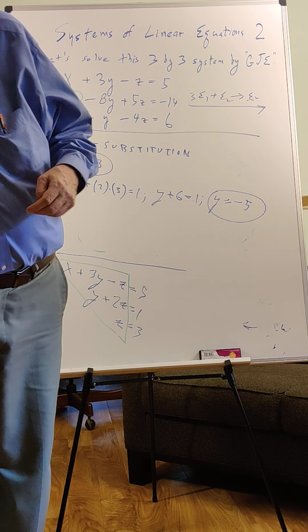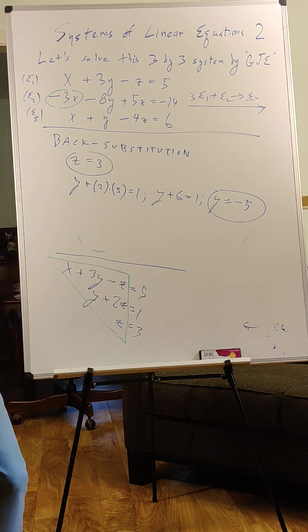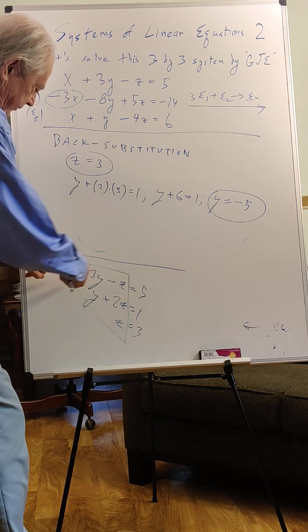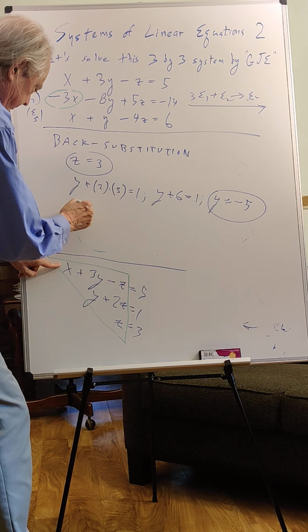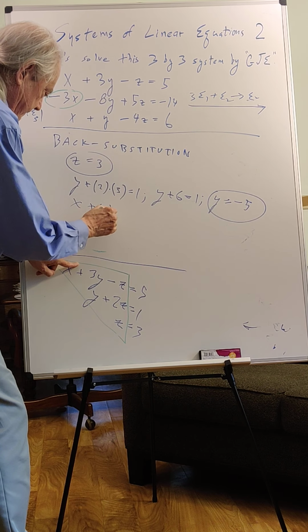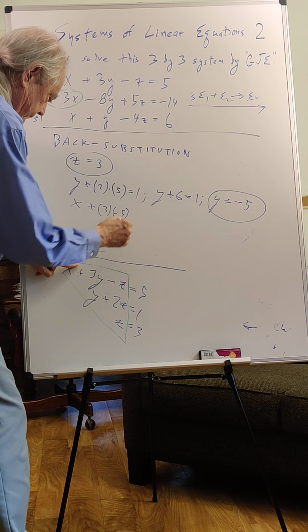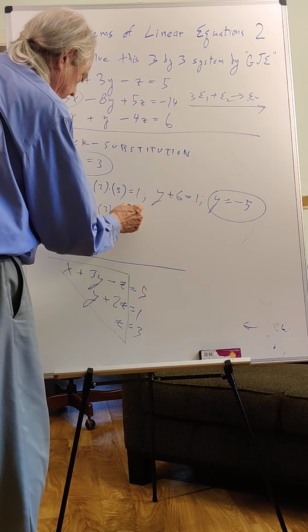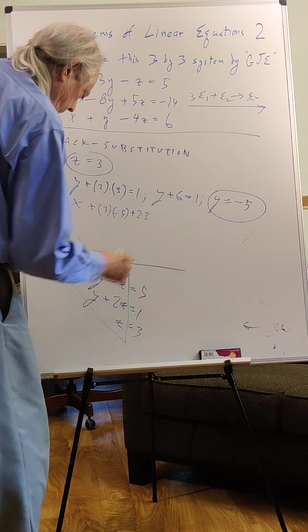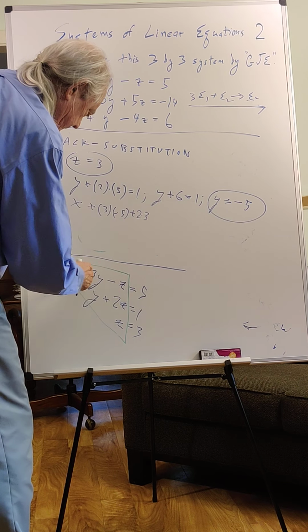And so now we go to this one, and x plus 3 times negative 5 plus 2 times 3 is, this one.